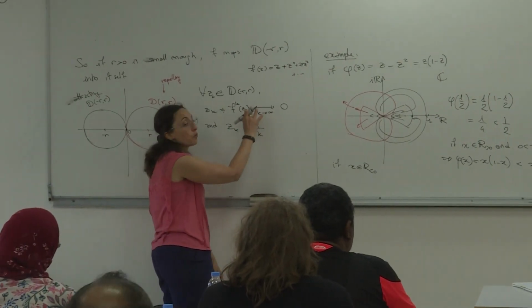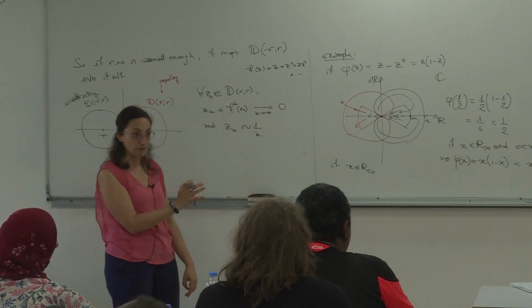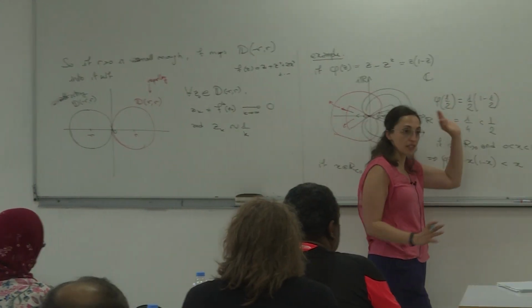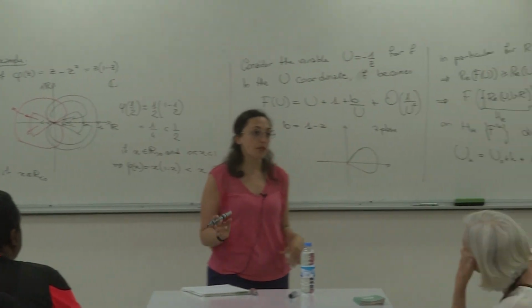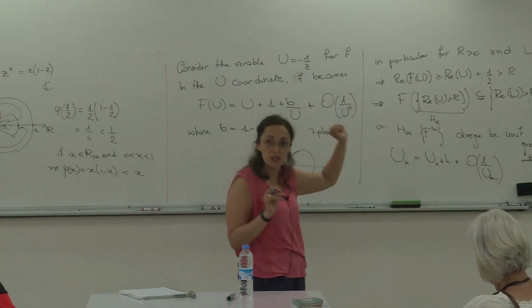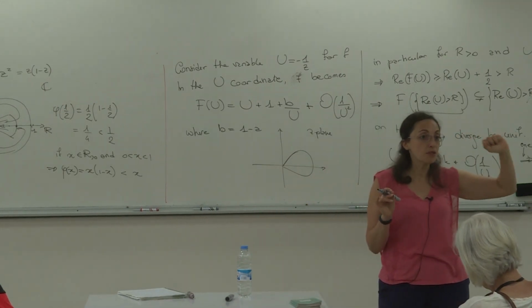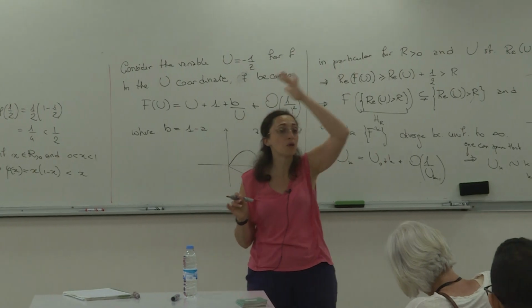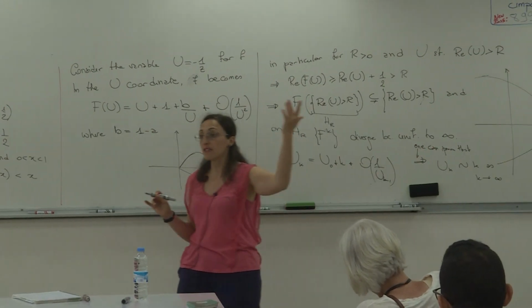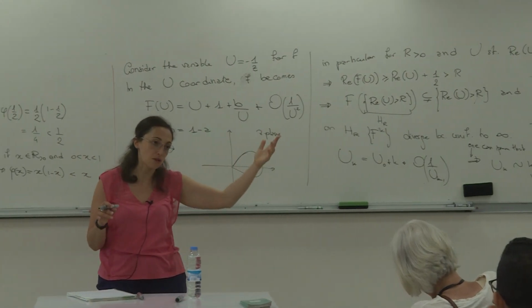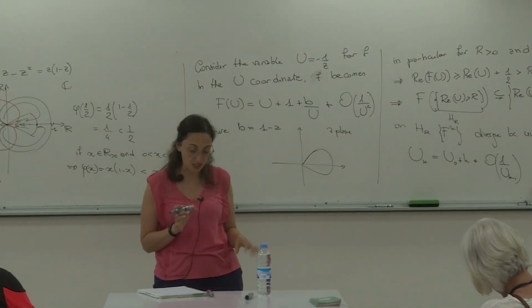It would have been 1 over square root of k. This is why I'm doing it in this baby case, because the computations are a little easier. We don't have to take branches of the logarithm to take roots. It's always easy to take powers, but if you want to get back, you have to take a square root or a third root of z, and so on. It becomes more technical.